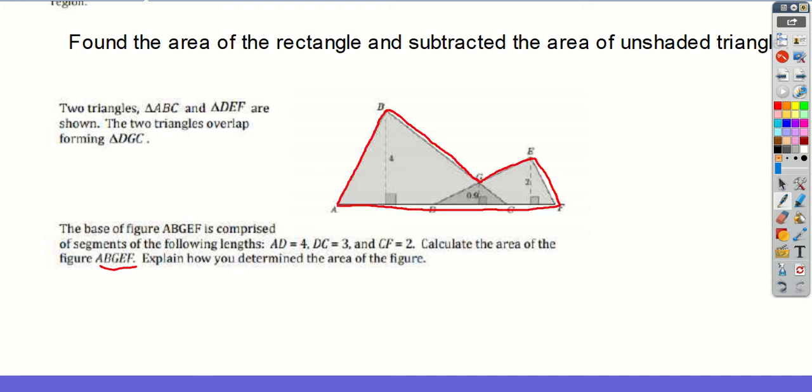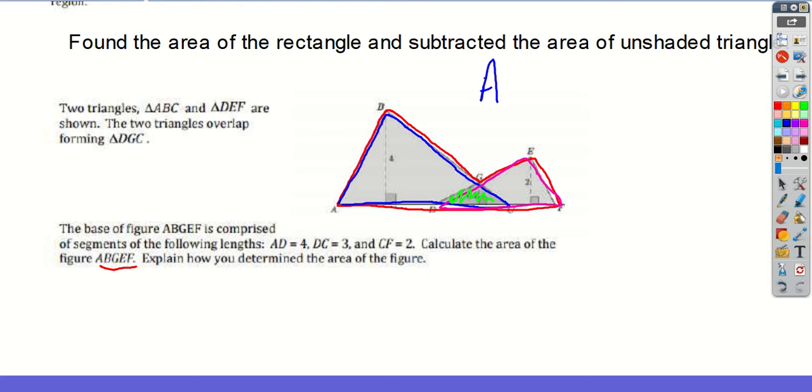Now the problem we have is if we think of this as 2 separate triangles and we find the area, we are essentially finding the area of this smaller triangle twice. So what we're going to need to do is do the area of the blue triangle. All right, we'll call this triangle 1.